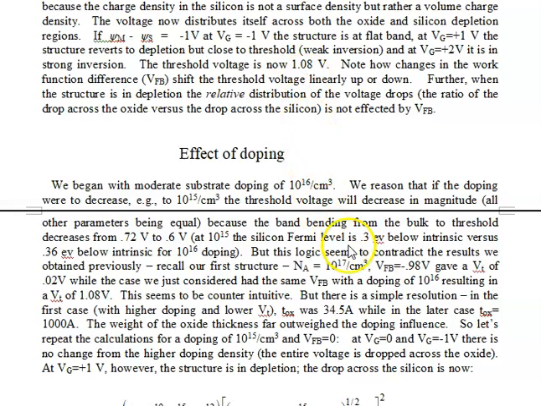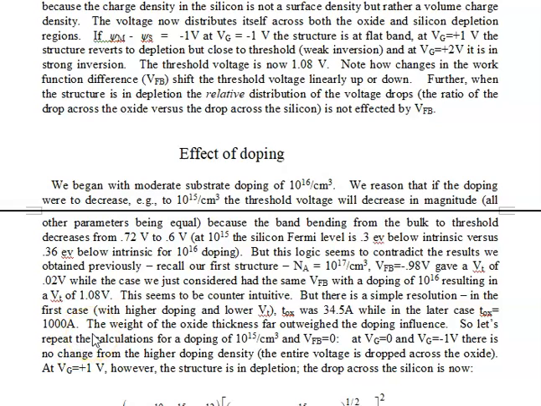So what's the resolution? Well, there's a very simple resolution. In the first case, with the higher doping, 10 to the 17th, and the smaller VT, 0.02, the oxide thickness was extremely small, 35 angstroms, versus the case right here where the oxide thickness was 1,000 angstroms.